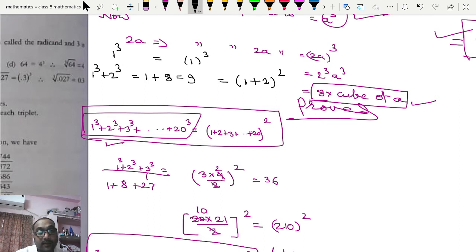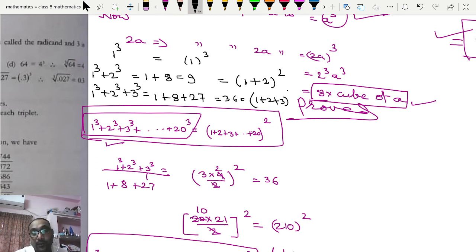Now 1 cube plus 2 cube plus 3 cube, it is 1 plus 8 plus 27, that is 36. Or simply you can write (1 plus 2 plus 3) whole square. Are you getting this? We are writing the numbers and taking the square of the sum of the given numbers.